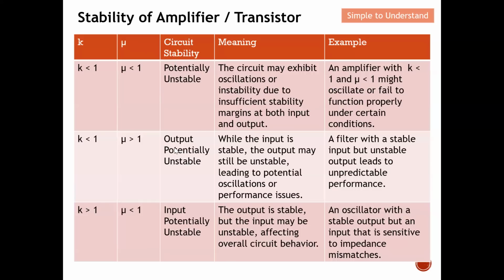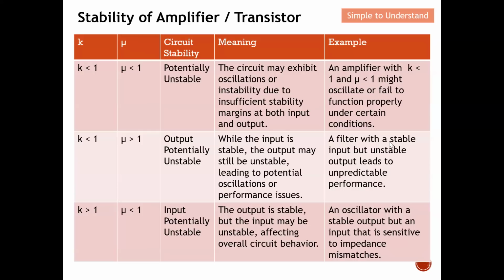But for this case, the output will be potentially unstable while the input is actually stable. While the input is stable, the output may be unstable. This leads to potential oscillation or performance issues. A filter with a stable input but unstable output leads to unpredictable performance. So basically, at the input here, they are actually stable.